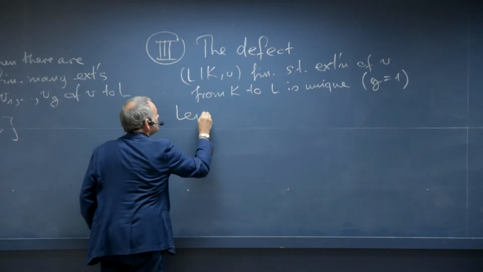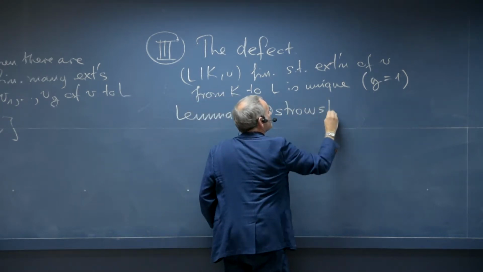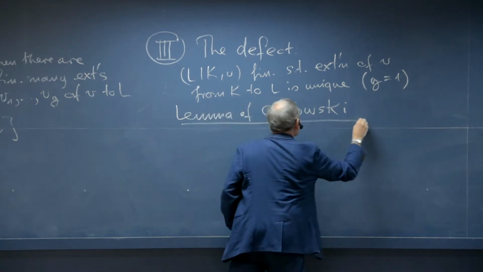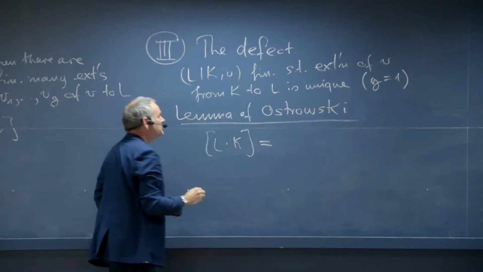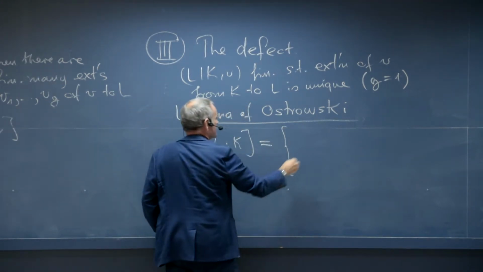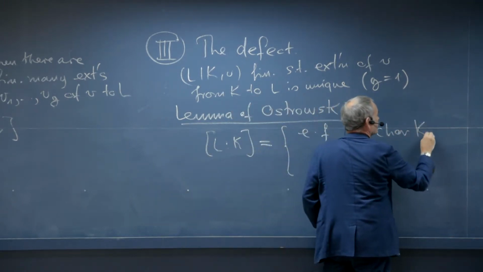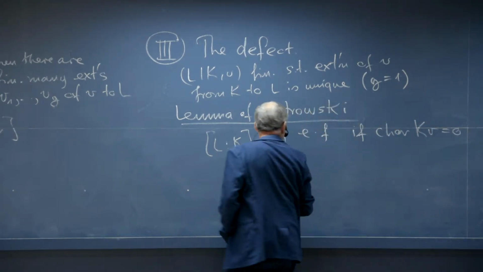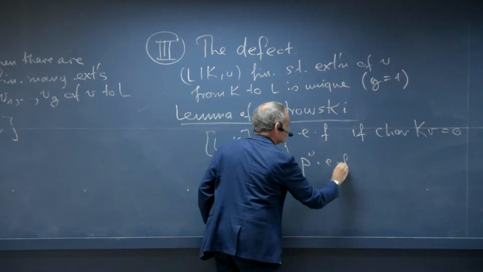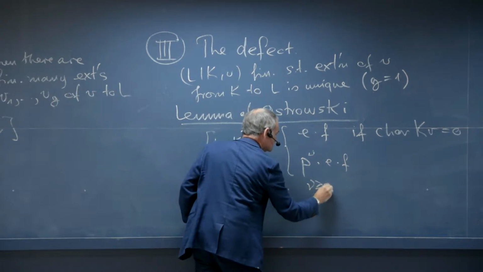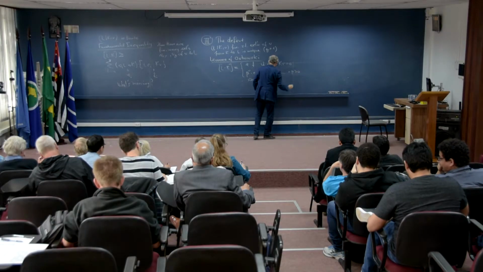Okay, and then the lemma of Ostrowski tells us, and now we get an equality, that the degree of L over K is equal to e times f if the characteristic of the residue field is 0. And otherwise, we have to insert some power of p if the characteristic is p bigger than 0.